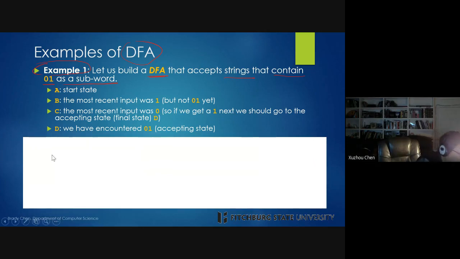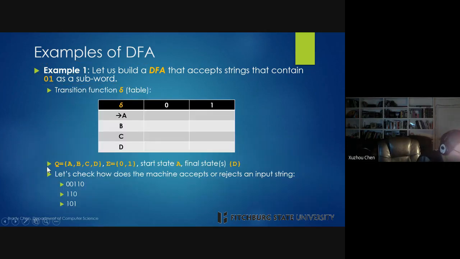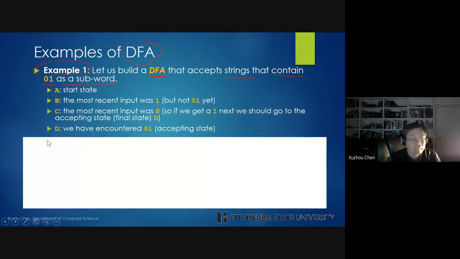Okay. So I can start with the initial state A. Now, we want to accept strings that contain 0 and 1, so sigma is 0 and 1, two symbols.